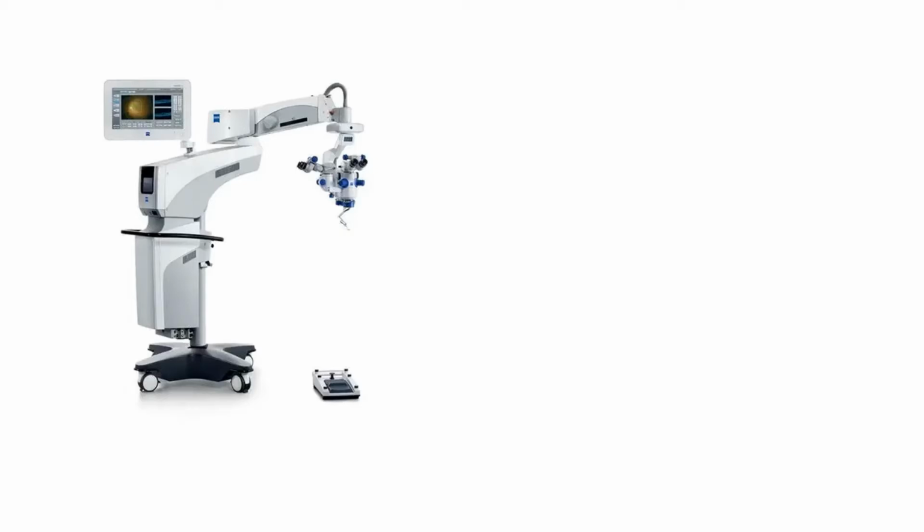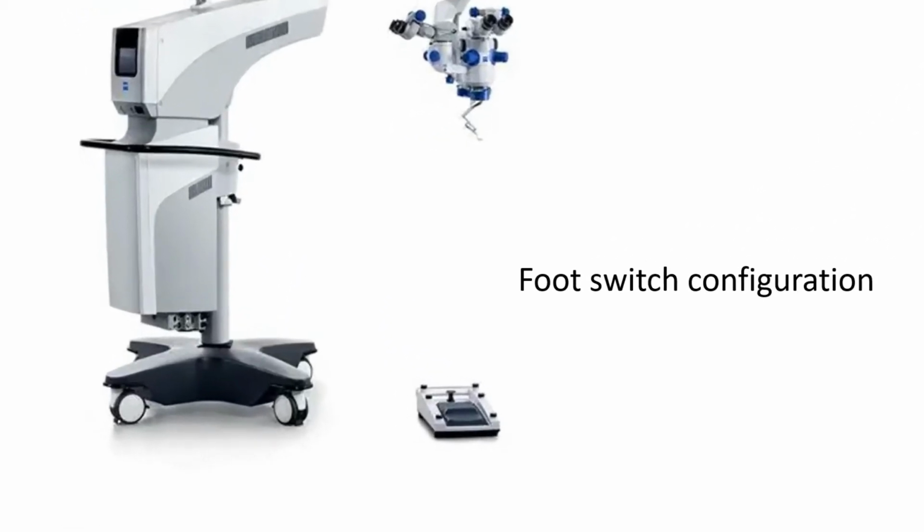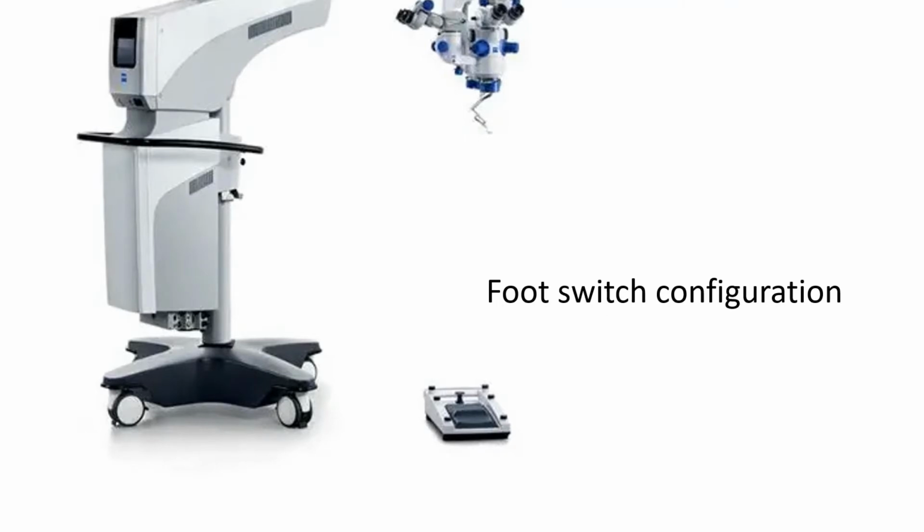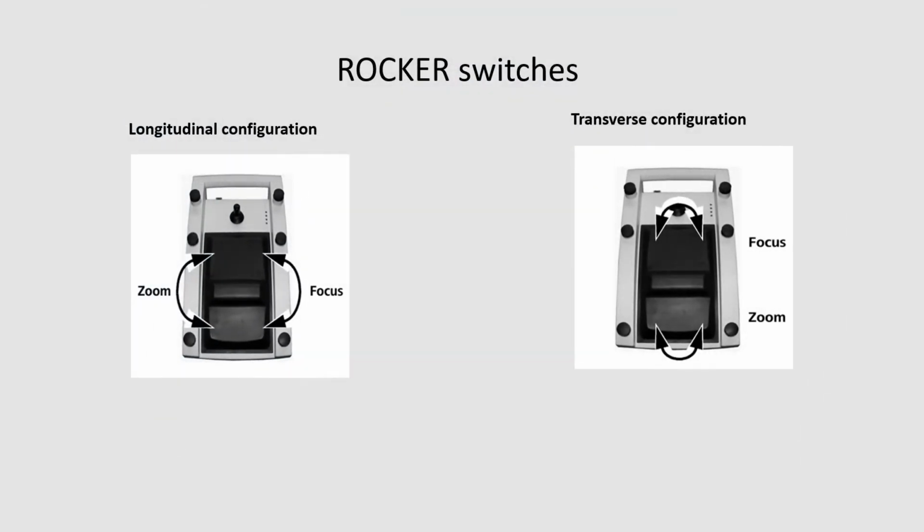The main adjustment is usually on the left lower limb, especially the left foot, which controls the foot switch of the operating microscope. The rocker switches, which control the zoom and the focus function, come in two configurations, the longitudinal or the transverse.